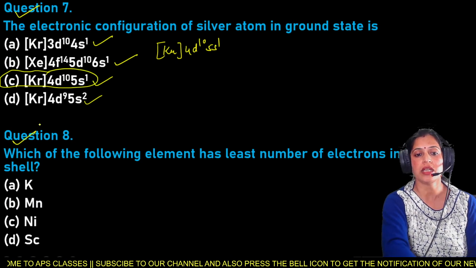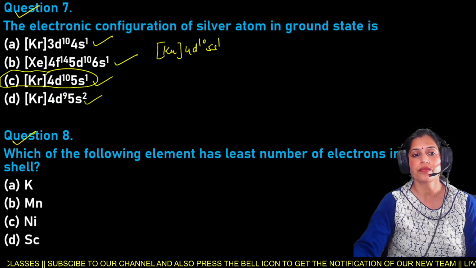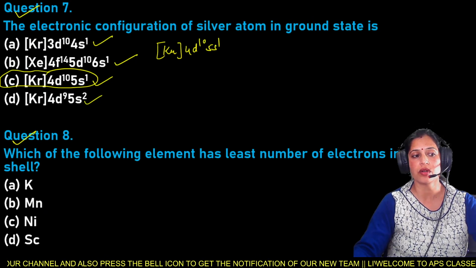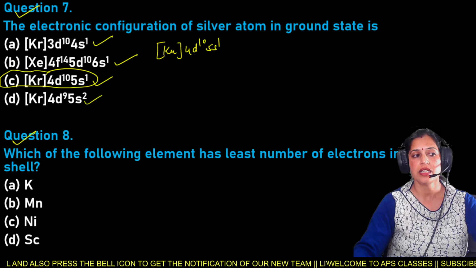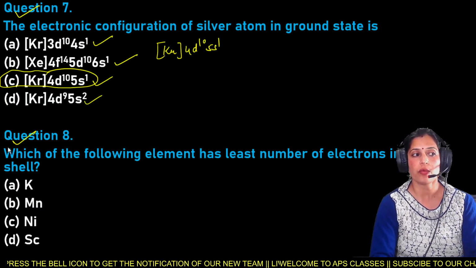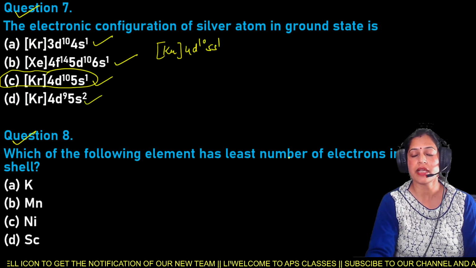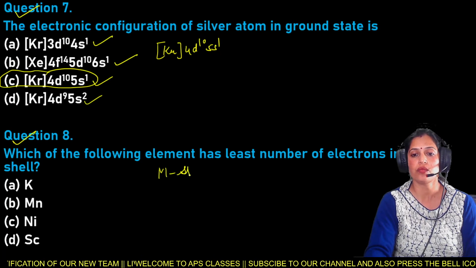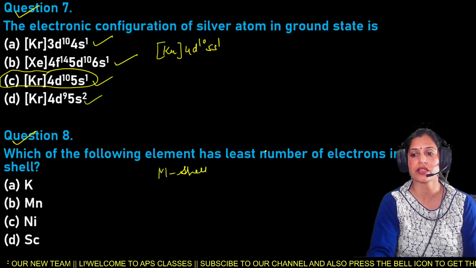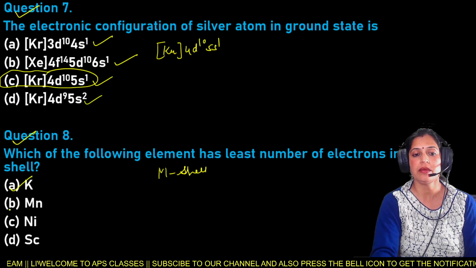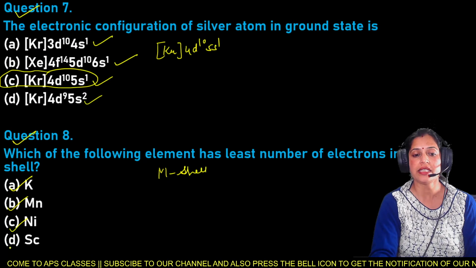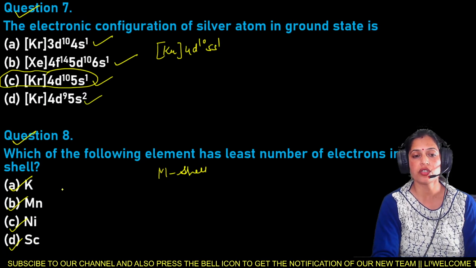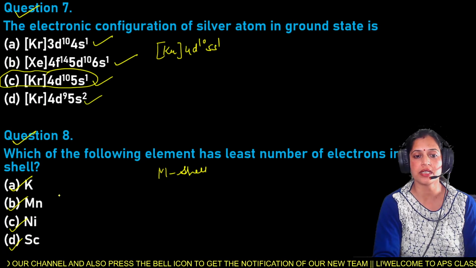Next is question number 8. Which of the following elements has the least number of electrons in its M shell?